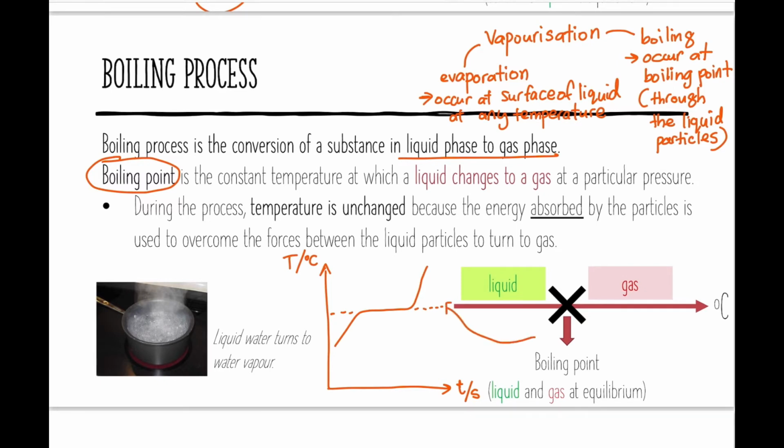Before the boiling point, the substance exists as liquid, while after the boiling point, the substance exists as gas. At boiling point, liquid and gas exist at equilibrium. Common example is when water is boiled, where liquid water turns into water vapor at 100 degrees Celsius.